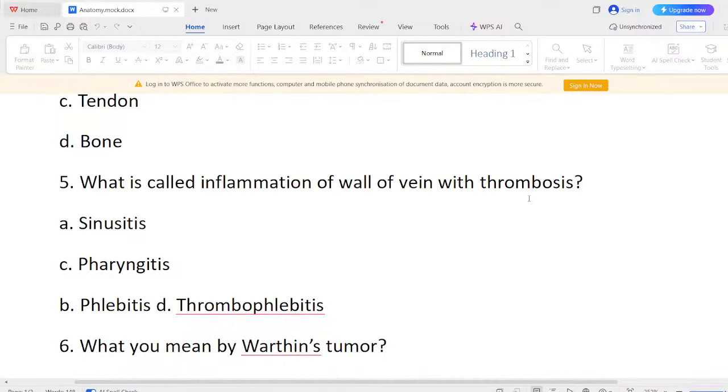What is called inflammation of the wall of a vein with thrombosis?